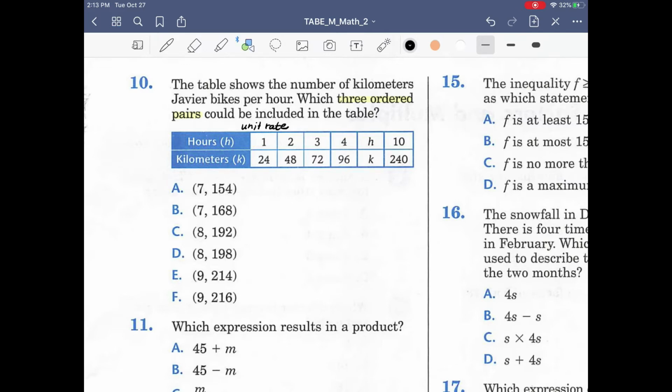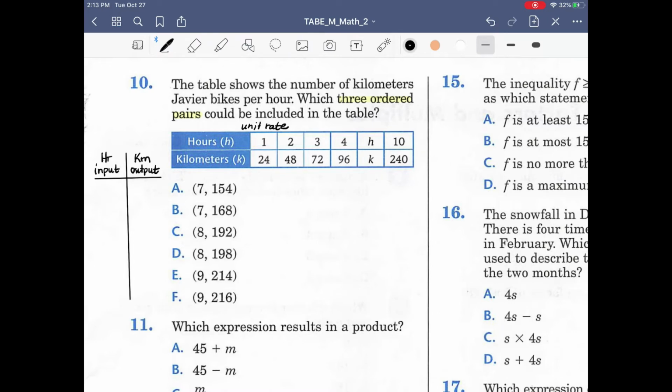So I'm going to set up a table over here just to help me organize this a little bit, of input values to output values. Input is the number of hours, output is the number of kilometers.